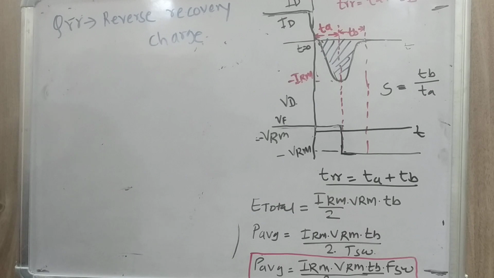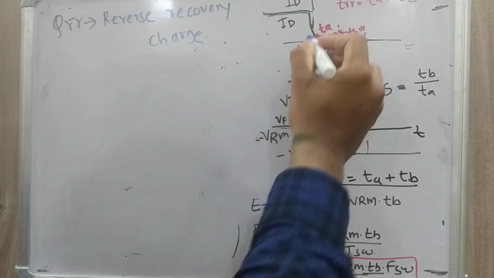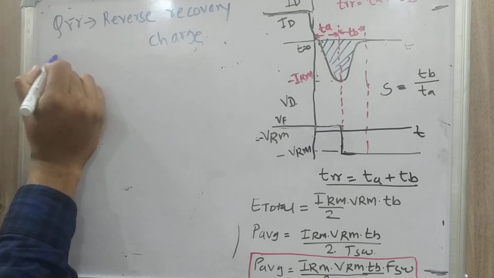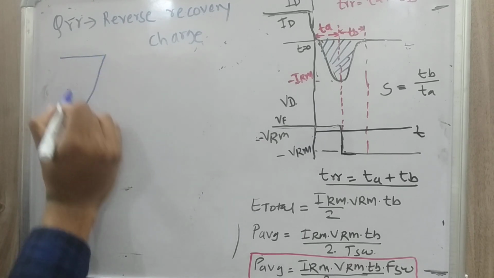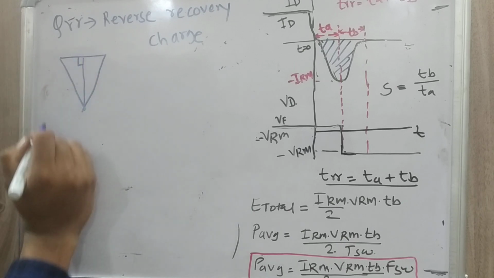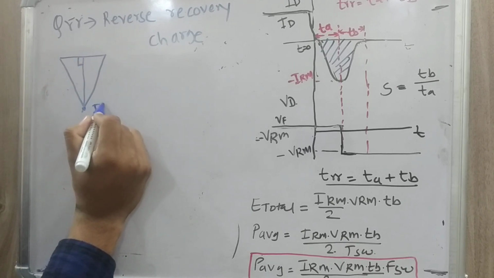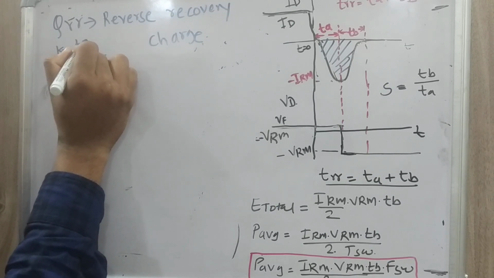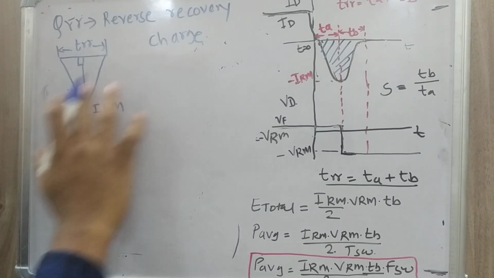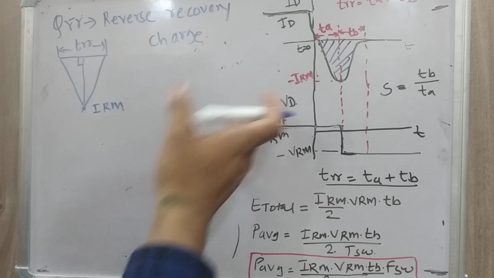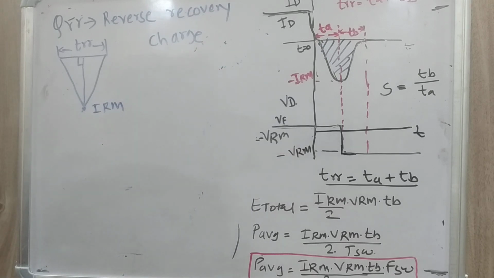Now, we have already approximated these as two straight lines, right? So here I will draw that triangle again. This is a triangle, this is 90 degrees, this is the peak, which is IRM, and the base of this triangle is TRR. Now we know that integration is basically the area under the curve.